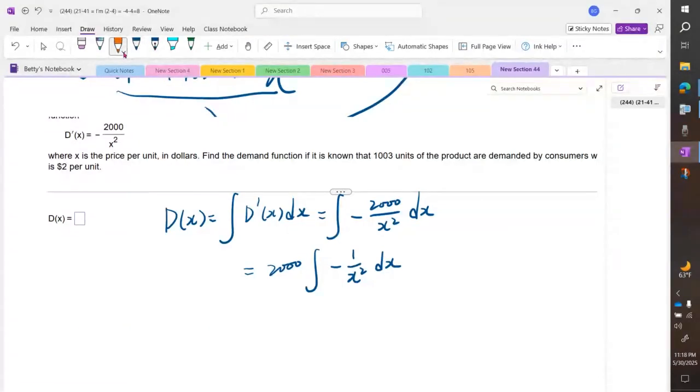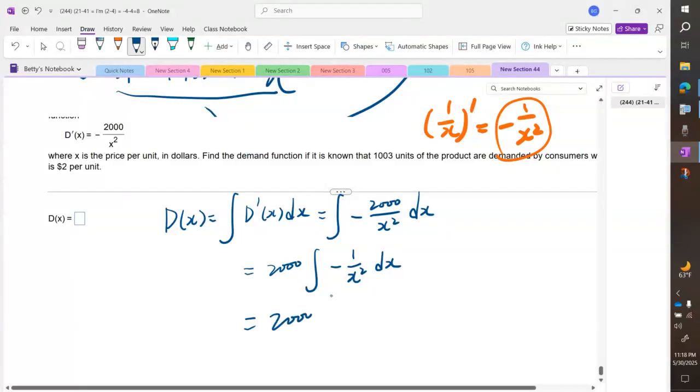Do you remember, I have mentioned this formula multiple times. The antiderivative of negative 1 over x squared is 1 over x. So 2,000 times 1 over x plus c. Do not forget to add c. So 2,000 over x plus c.